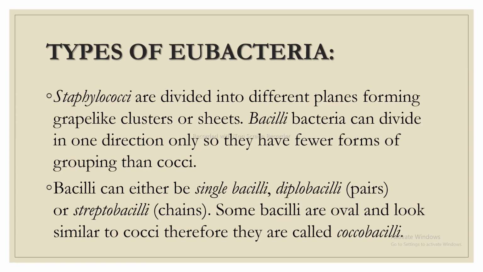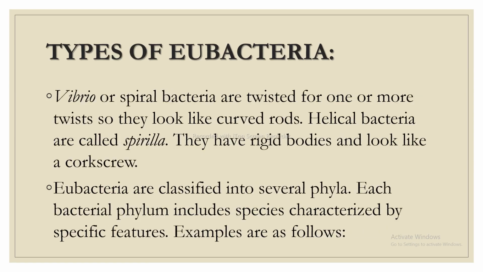Bacilli can either be single bacilli, diplobacilli pairs, or streptobacilli chains. Some bacilli are oval and look similar to cocci. Therefore, they are called coccobacilli. Vibrio or spiral bacteria are twisted with one or more twists.